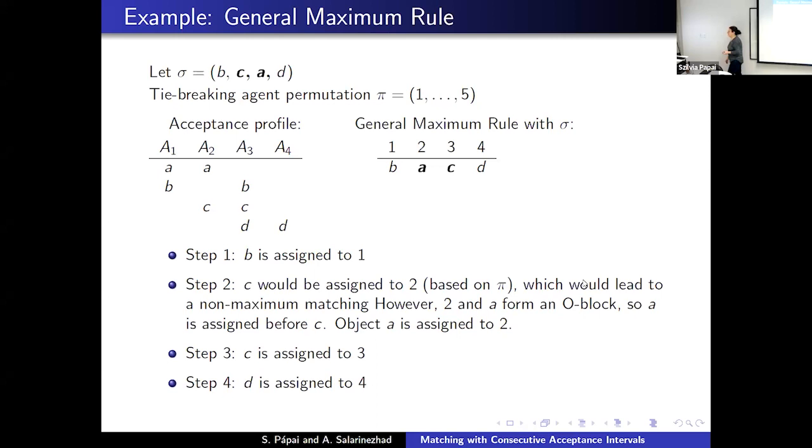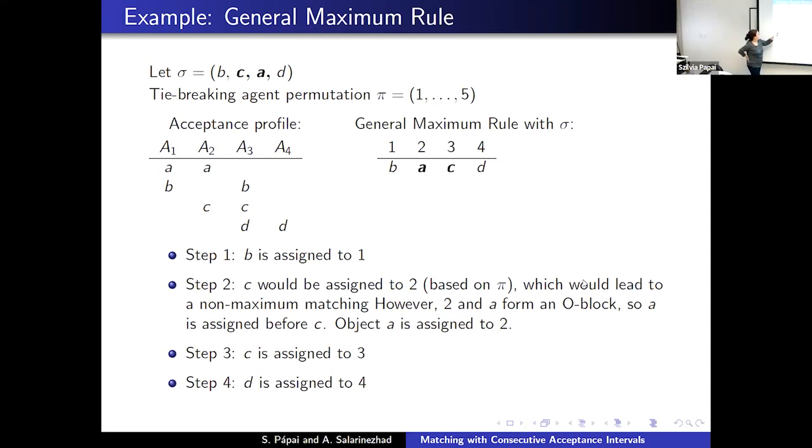Just to quickly show you an example before we move on. Let's say the arbitrary ordering of the objects is BCAD. Here's an example where we have a hole, so there is no way to order ABC such that there is no hole, at least for one agent, in the acceptance set.